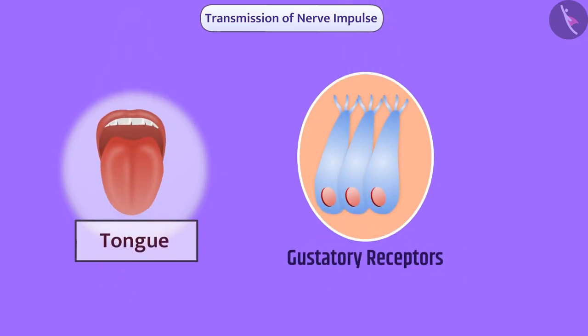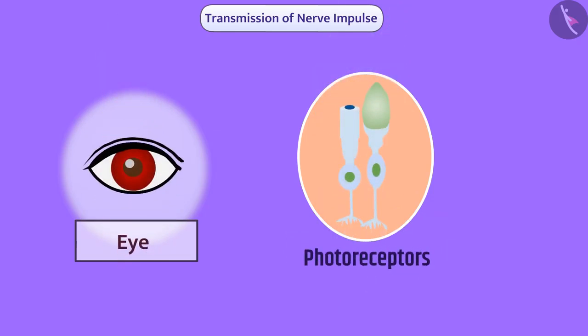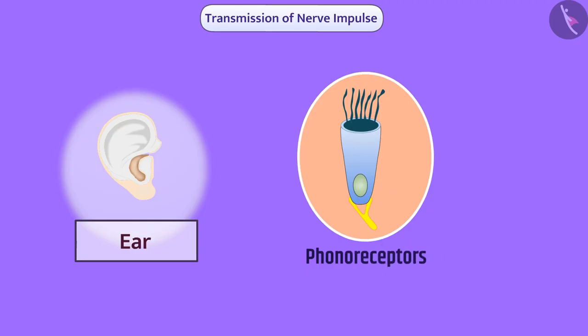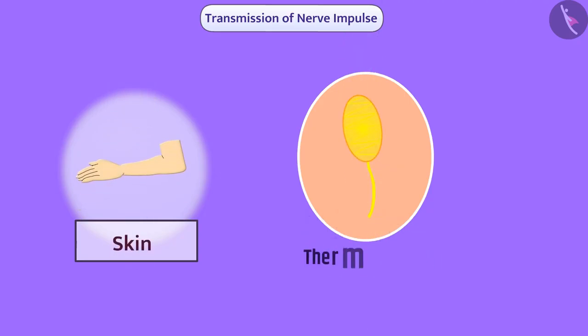Gustatory receptors present in the tongue identify taste. The photoreceptors present in the eyes identify light. The phonoreceptors present in the ear detect sound, and the thermoreceptors present in the skin detect temperature.